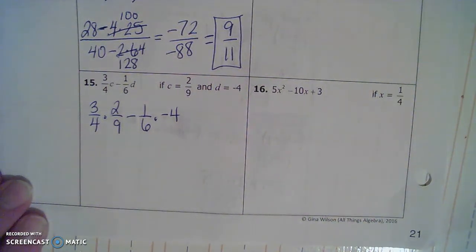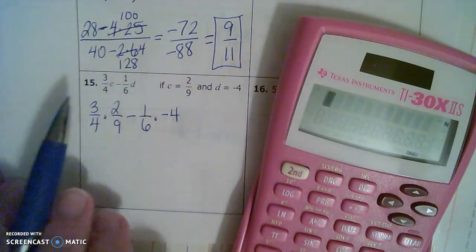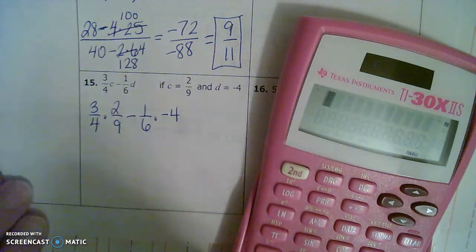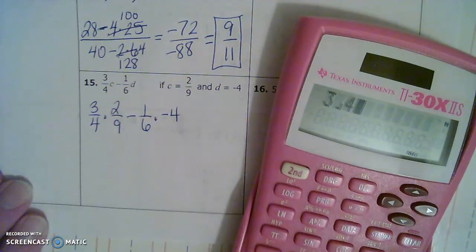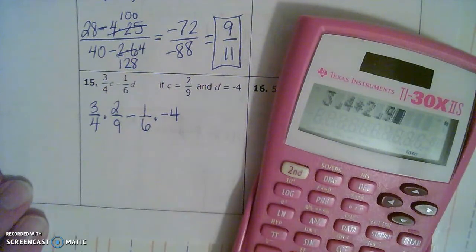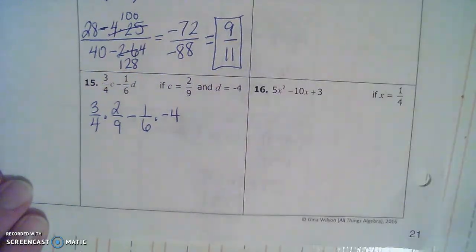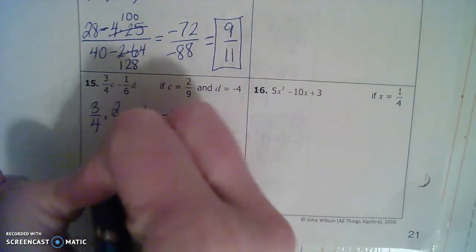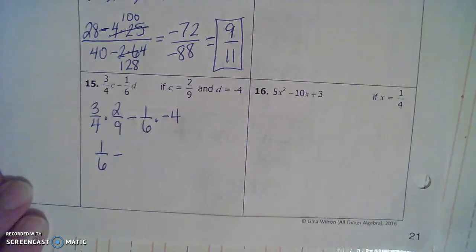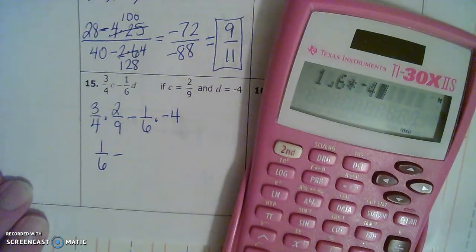But again, you can just plug these right in. Even though you can probably see that things cancel, again, you can do that, or you can just type it in. 3/4 times 2/9 gives us 1/6. 1/6 times negative 4 gives us negative 2/3.